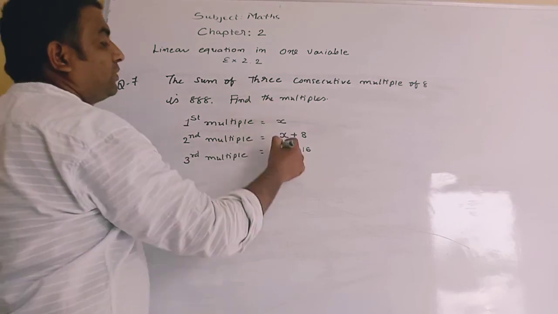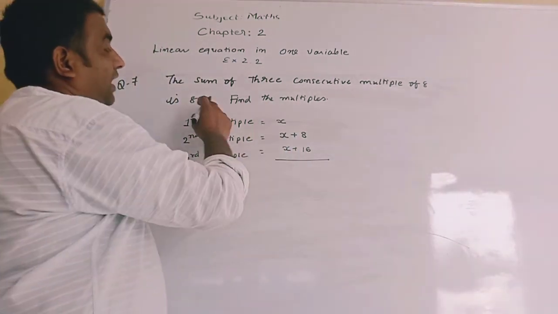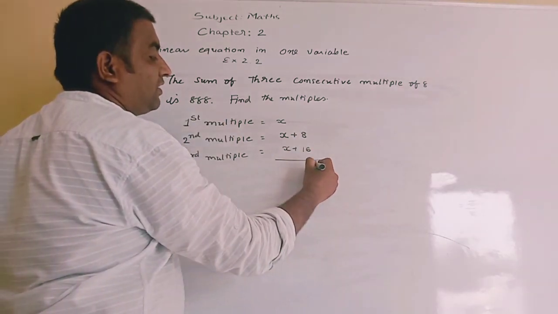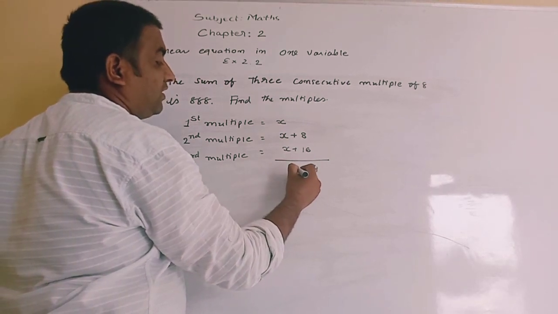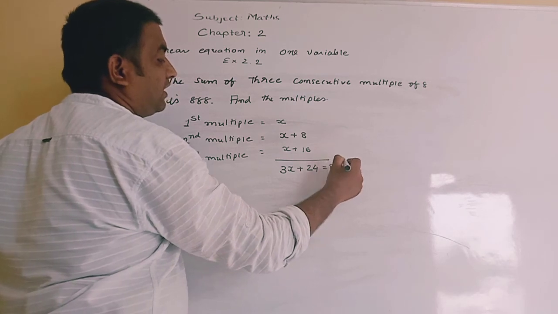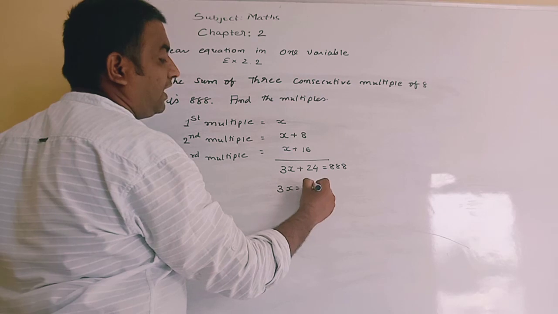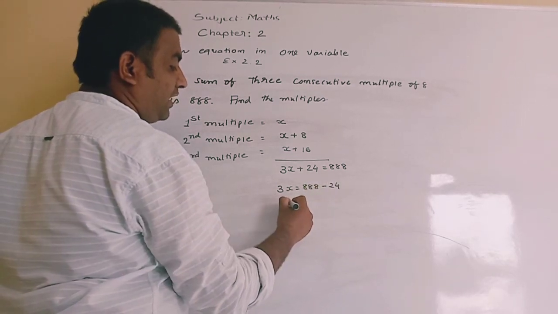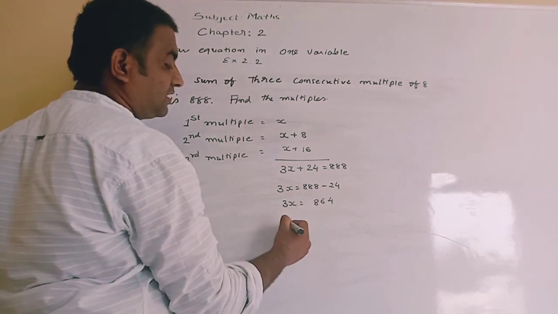Now addition of these three numbers is given as 888. So we add them: 16 plus 8, 24. x plus x plus x will be 3x equals 888 minus 24. So 3x equals 864.